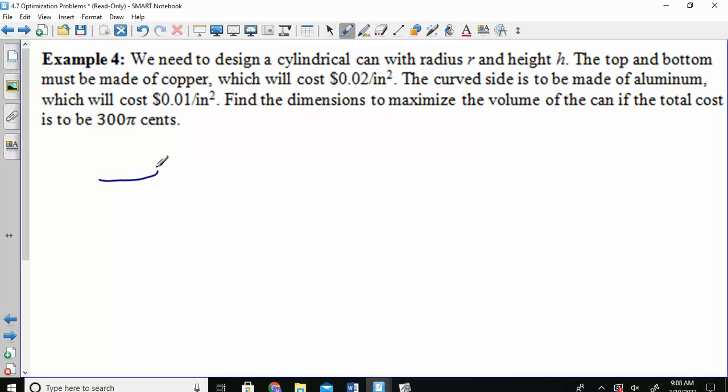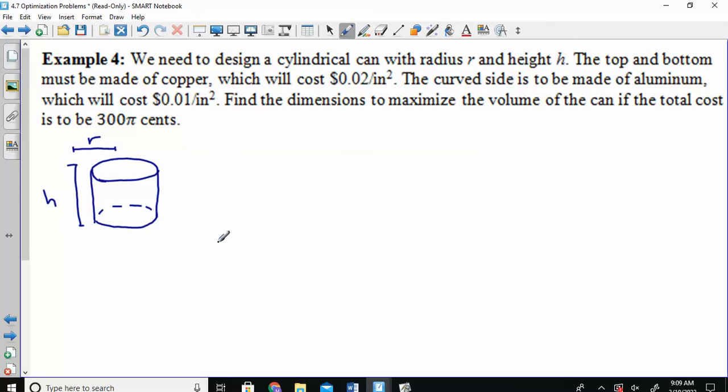Yeah, like a soup can, with radius R and height H. So height, radius.